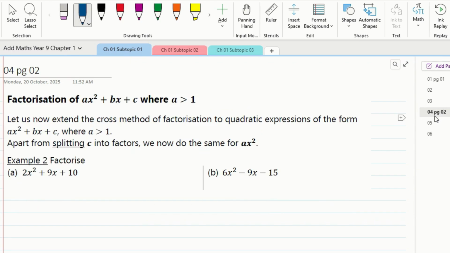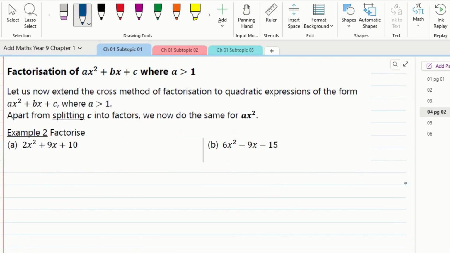Moving on to the next page, this is going to be a more advanced one where you have to deal with ax squared plus bx plus c, where the coefficient of x squared is more than 1. That means you are doing extra work. Apart from splitting c into factors, we also need to do the same for the first term, ax squared.